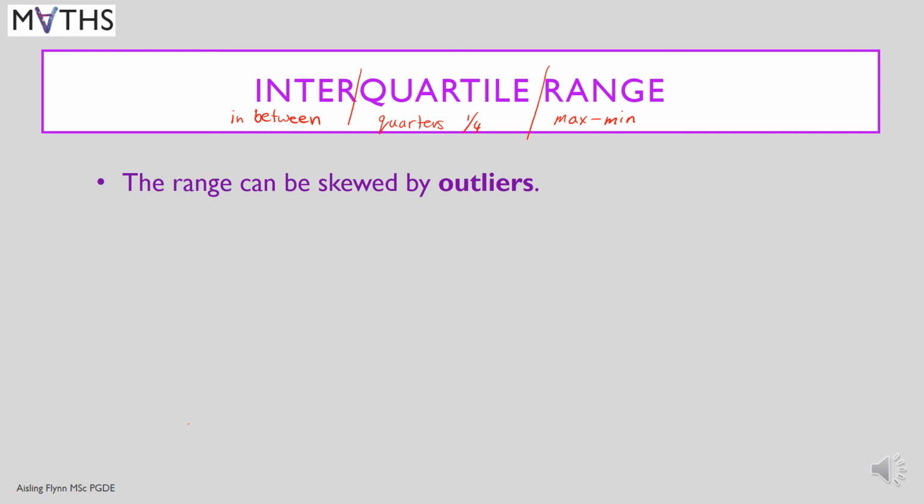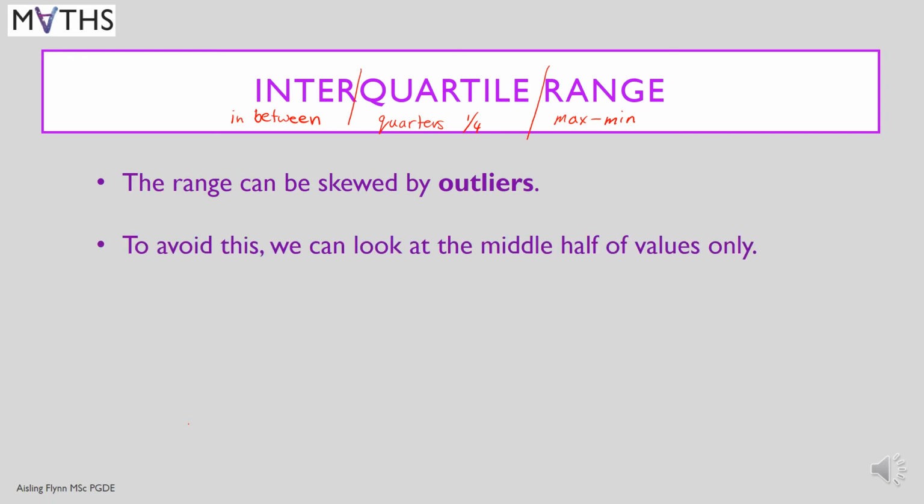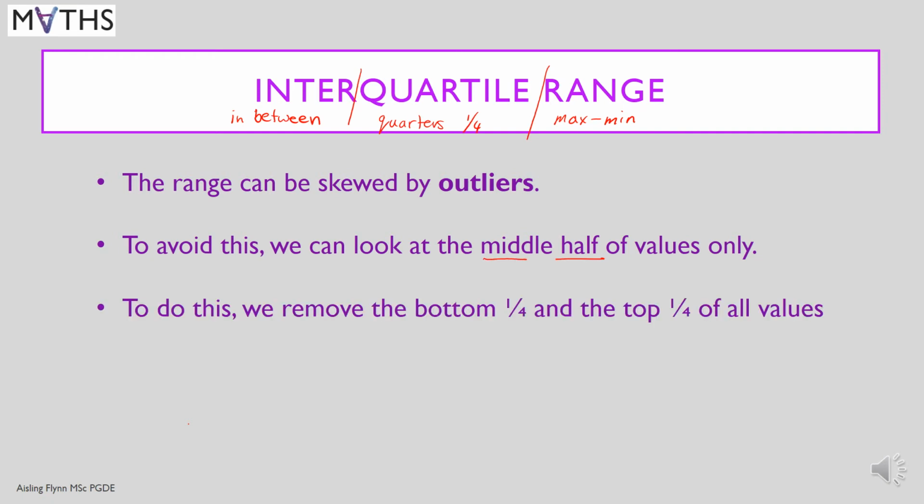So the range can be skewed by outliers. To avoid this, we can look at the middle half of values only. So the middle half, I'll underline that. To avoid this, we remove the bottom quarter, or the first quarter.